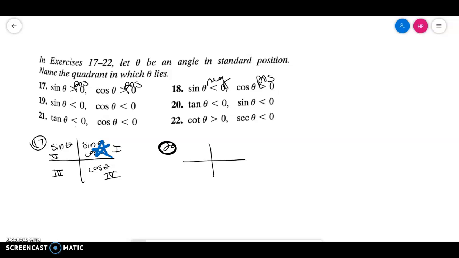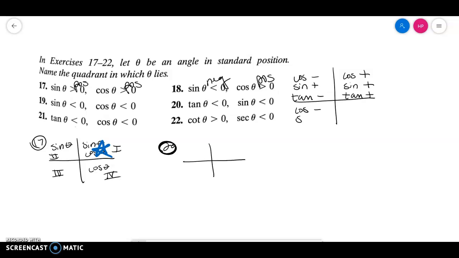So the tangent being negative. If I know that cosine is positive here and the sine is positive here in quadrant 1, then whenever I divide those two to get the tangent, it also has to be positive. So whenever one of them is negative, like in quadrant 2, the tangent has to be negative.